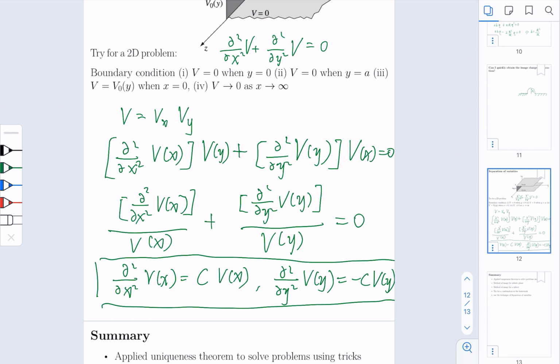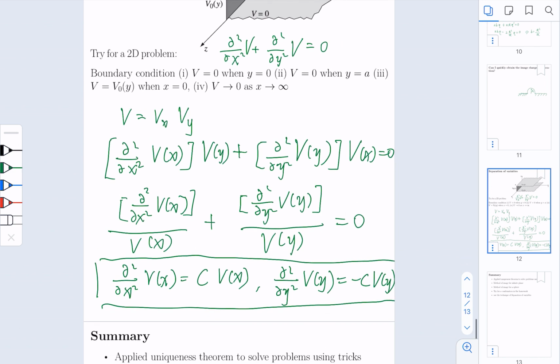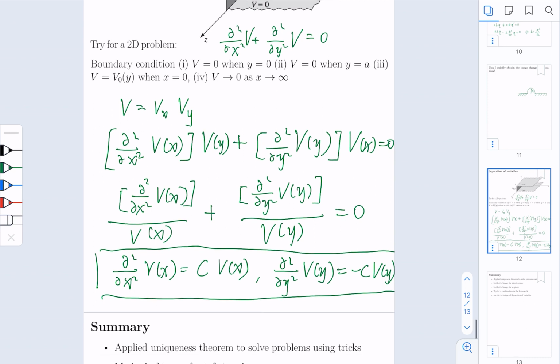It might not be the entire solution, because here we only have solutions in terms of products of v of x and v of y.